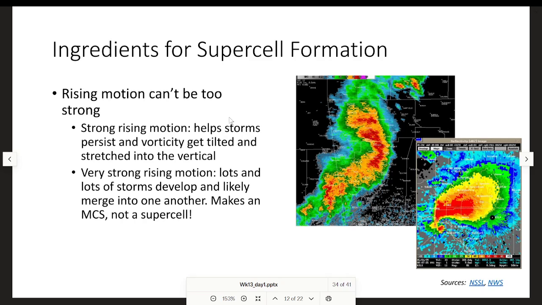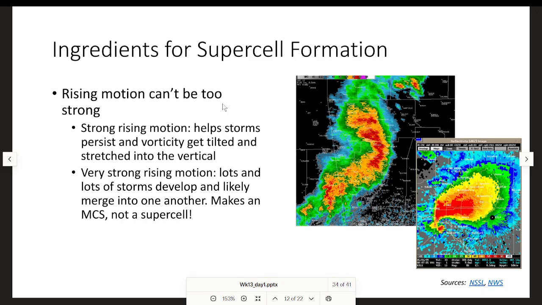Also, if you get very strong rising motion, the problem is it makes it harder for the storm to rotate. It can cause the precipitation to fling out instead of developing.